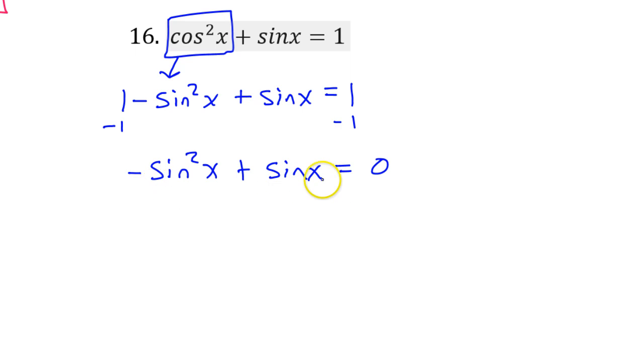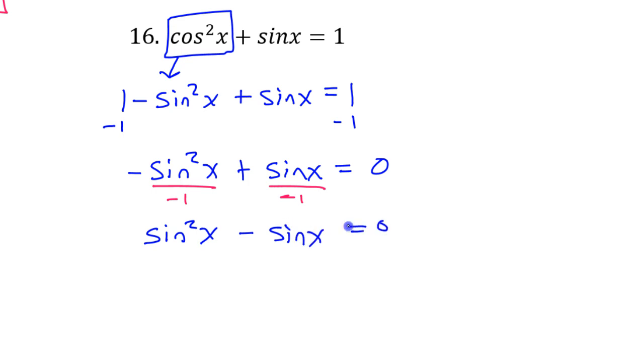Now, I'm more comfortable when the first term has a positive leading coefficient. So I don't have to do this, but I will feel better if I divide everything by negative 1. So that's going to make this become sine squared x minus sine x is equal to 0.